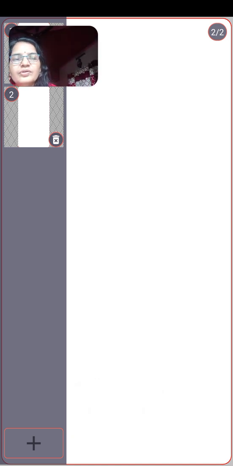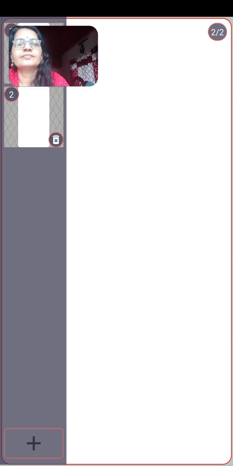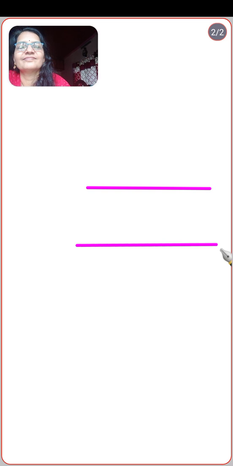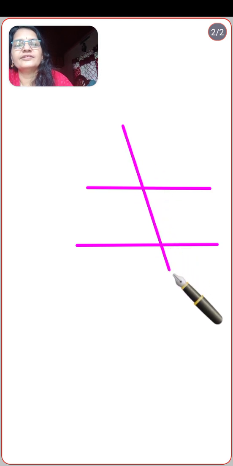Now we can draw another two parallel lines. These two lines are parallel and a line is a transversal.